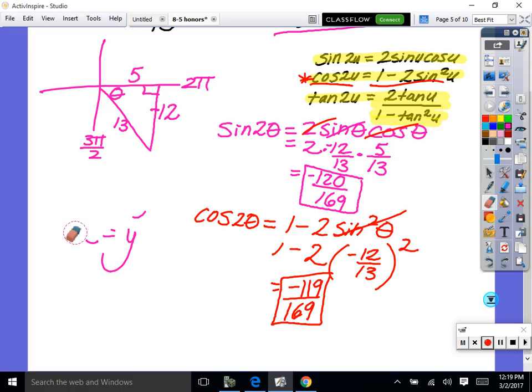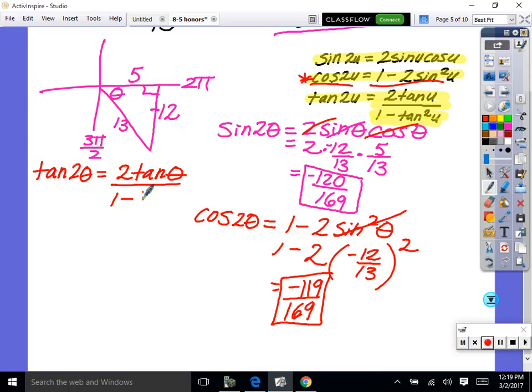Okay, now let's do tangent of 2 theta. So we want tangent of theta. Tangent of 2 theta is the same thing as 2 tangent of theta over 1 minus tangent squared theta. And we can find tangent of theta, so now it's just algebra.